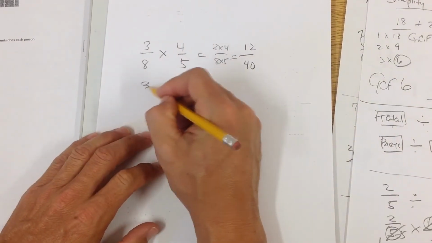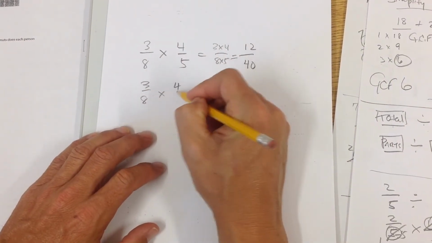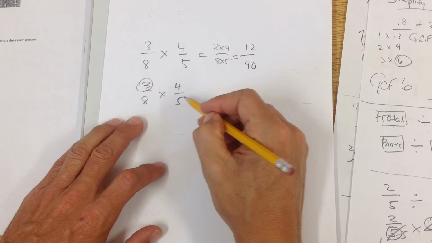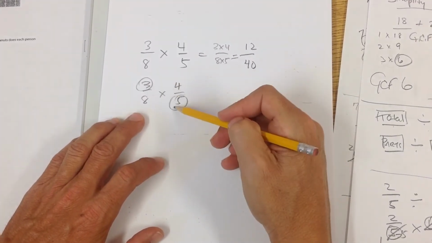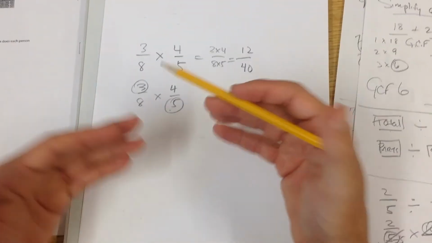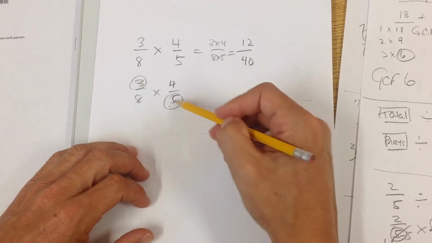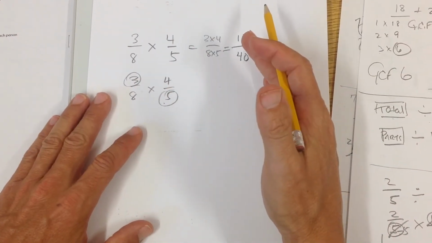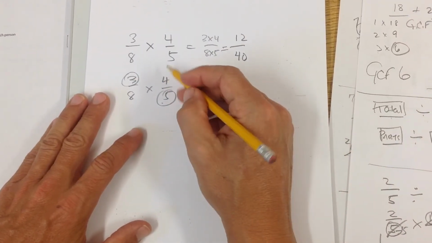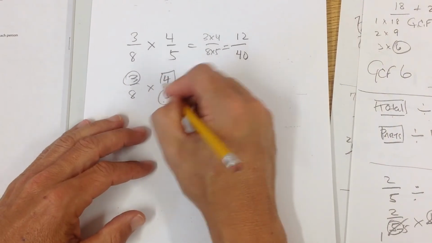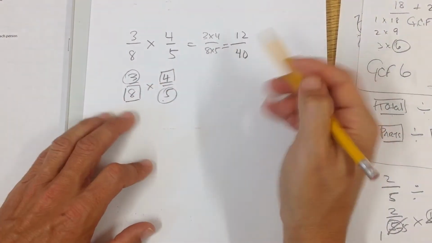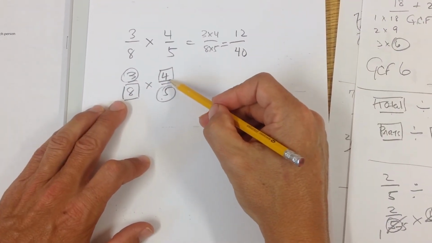Or I could do the following. I could look at the 3 and the 5 and say, hey, I can't simplify. It's in simplest form. 3 and 5 do not have common factors aside from 1.